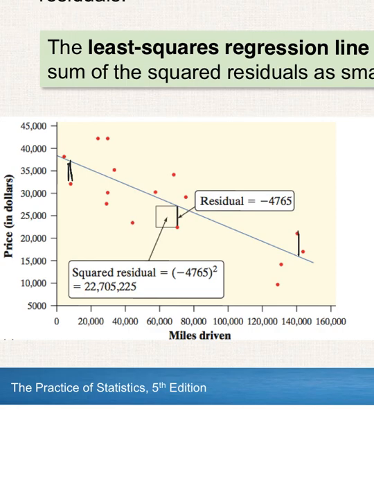If I were trying to find the least sum of the residuals, these two would cancel each other out and make it look like the line was a better line than it actually is. So instead of just looking at the distance, statisticians look at the square of that distance, okay? And we're looking to create the line that has the least sum of squares possible.